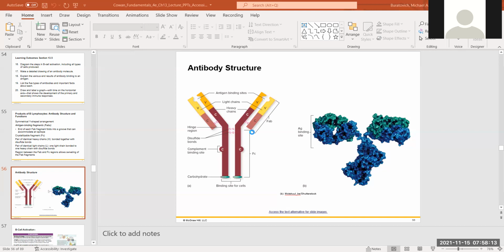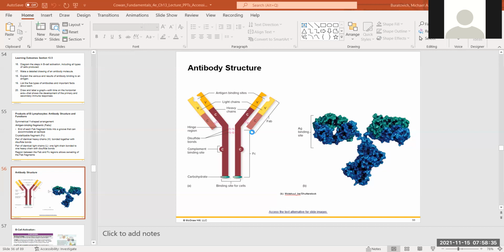So your tendency to harbor the virus and transmit it will go way down. Does that make sense? So this is a secretory antibody that protects at mucosal surfaces. This will be particularly important in upper respiratory infections.